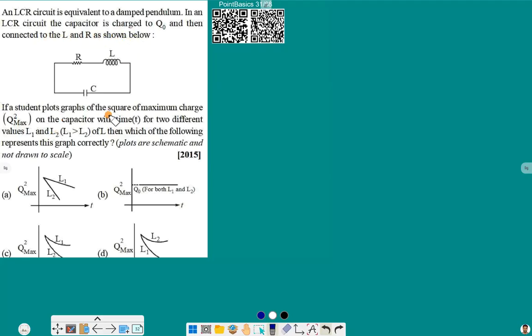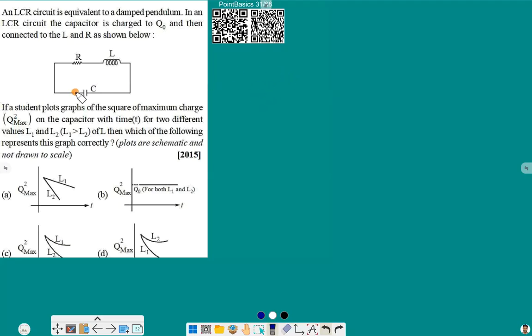If the student plots a graph of the square of the maximum charge on the capacitor with time for two different values, L1 and L2, which of the plots represents the graph correctly? So we have to represent charge versus time. And we know that this LCR circuit can be represented as a damped harmonic oscillator. And I think we have already solved this question.